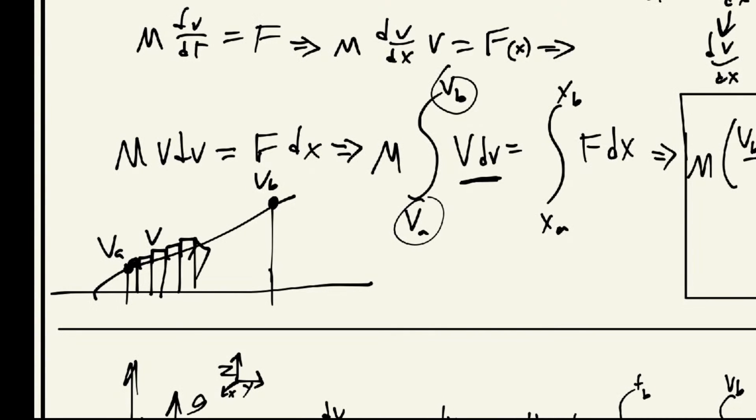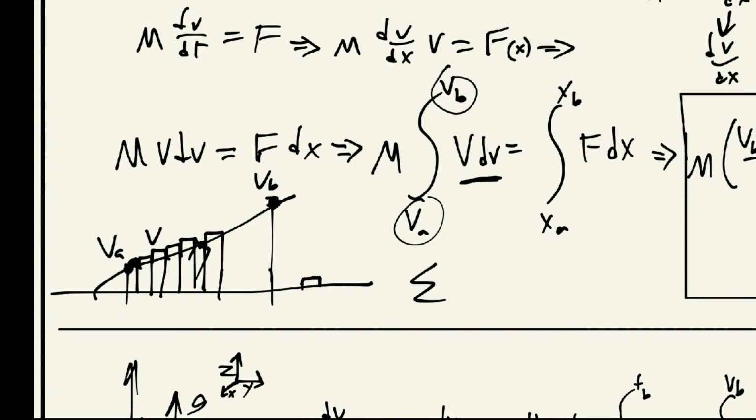It's a function v, and we're looking from v sub a to v sub b, and we're looking at tiny increments of v, dv, tiny increments of v. No, wouldn't dv be this? Right?